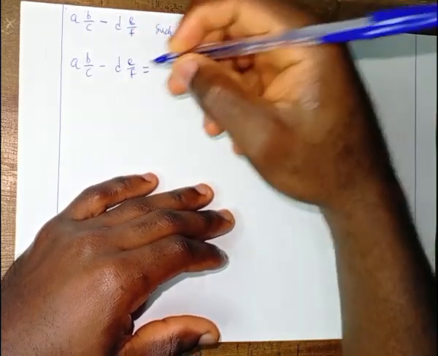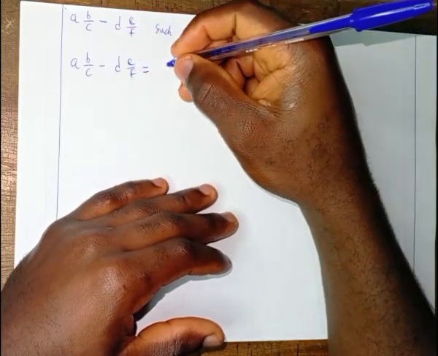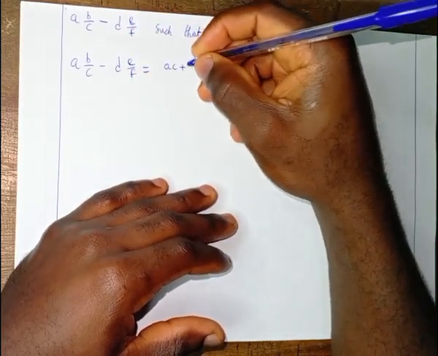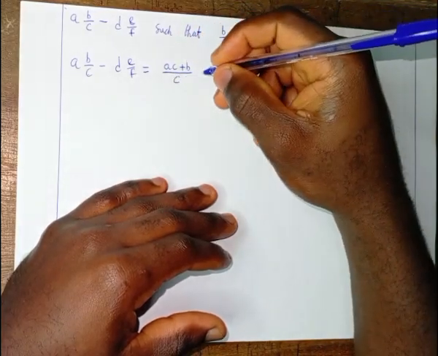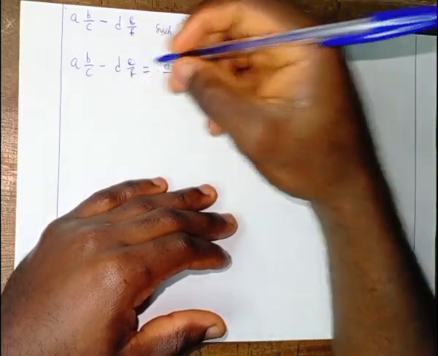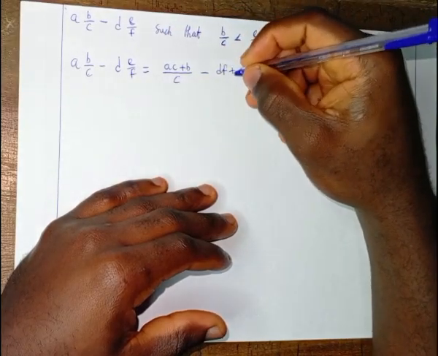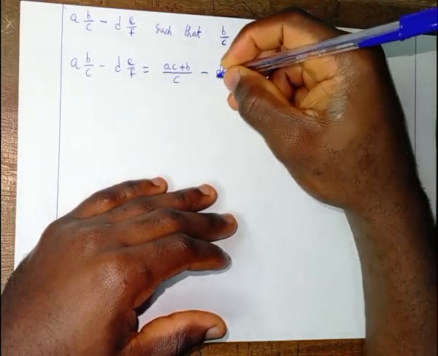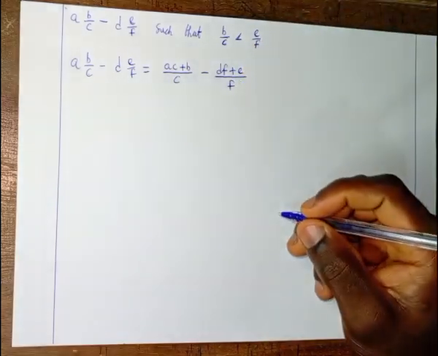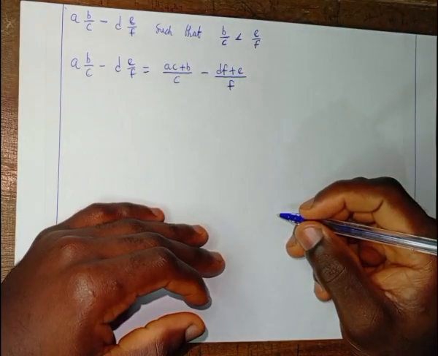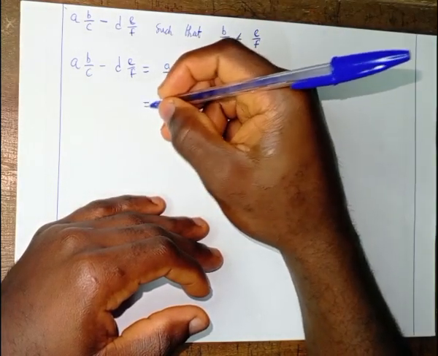This will simply be equal to c times a gives us ac plus b over c minus, we need to change this other fraction, f times d gives us df plus e all over f. So now we have to subtract two improper fractions. We need to start by finding their LCM.